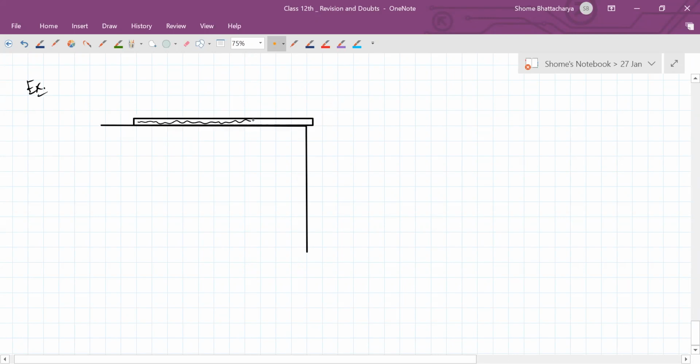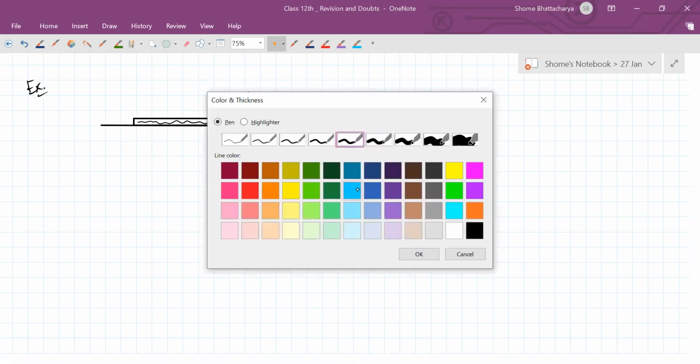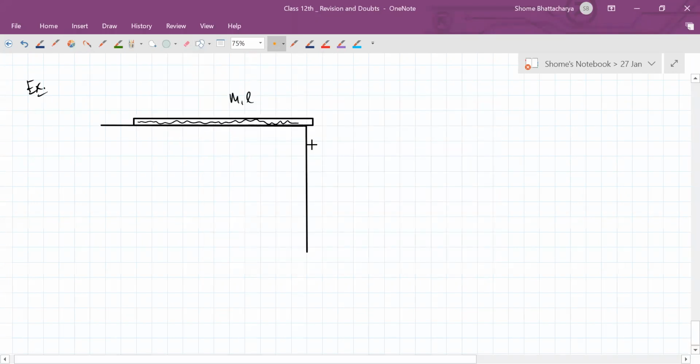So this is a rod of mass m, and let's say its length is L. Now what we are doing is we are applying a sharp impulse to this end. Okay. We are applying a sharp impulse.